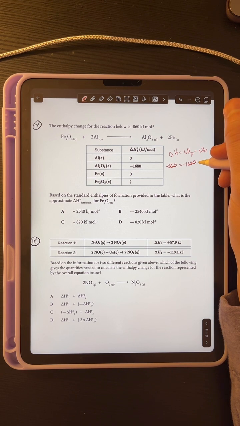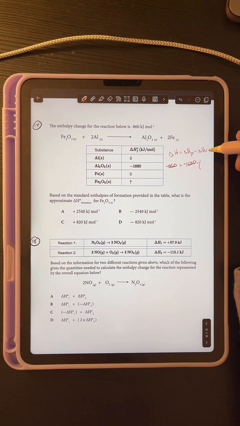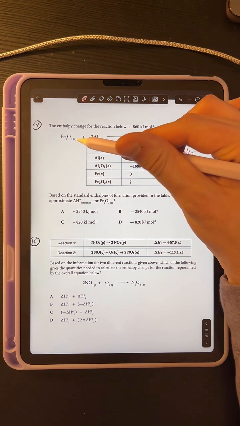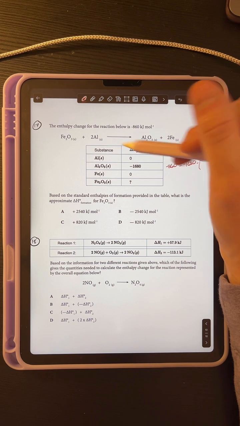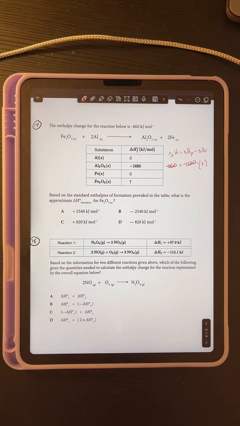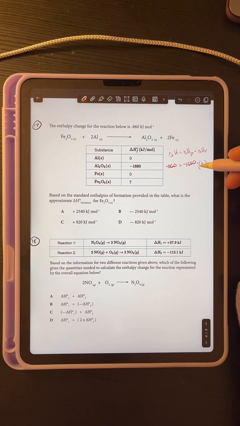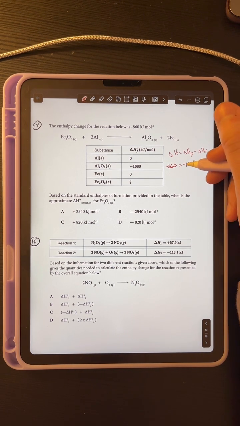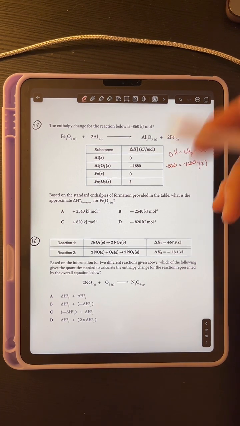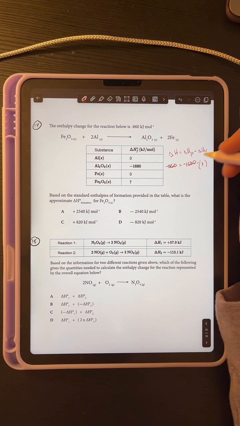Minus delta H of our reactants, which Fe2O3 is what we're looking for, and then our aluminum is 0. I'll just put an X here because that's what we're looking for. If we were to figure this out, we would either add over the 1680 and then divide by negative 1, or we would add over the X and then add over the 860. It's arithmetic, just adding and subtracting.